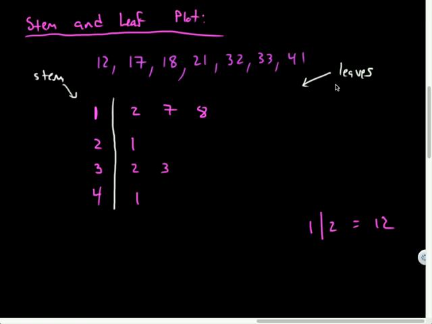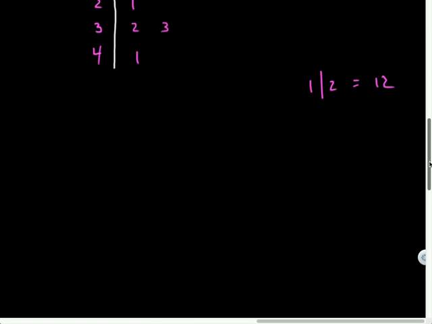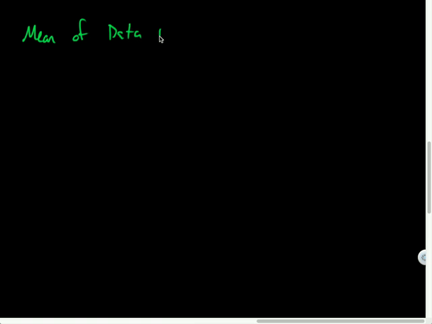Now, the last thing we're going to do, we're going to take a dabble in some Excel. But what if I wanted to calculate the mean of data in a frequency distribution?